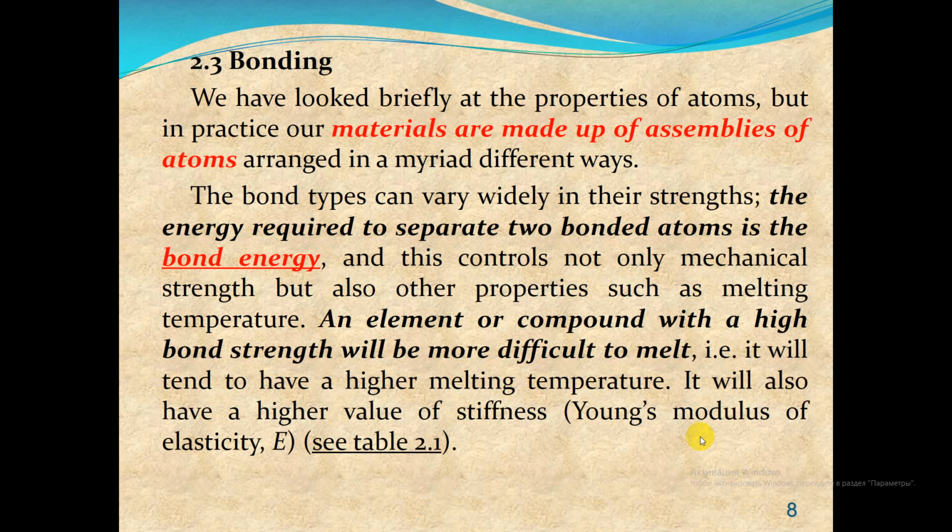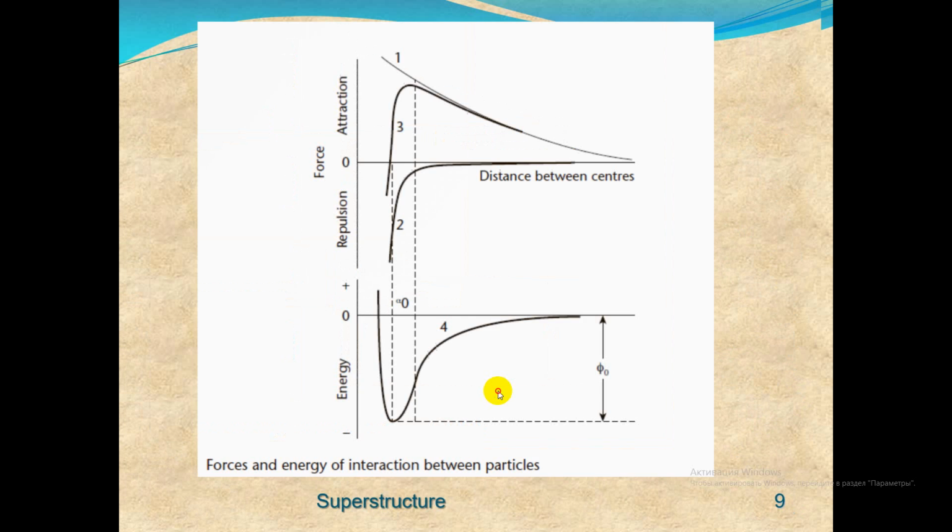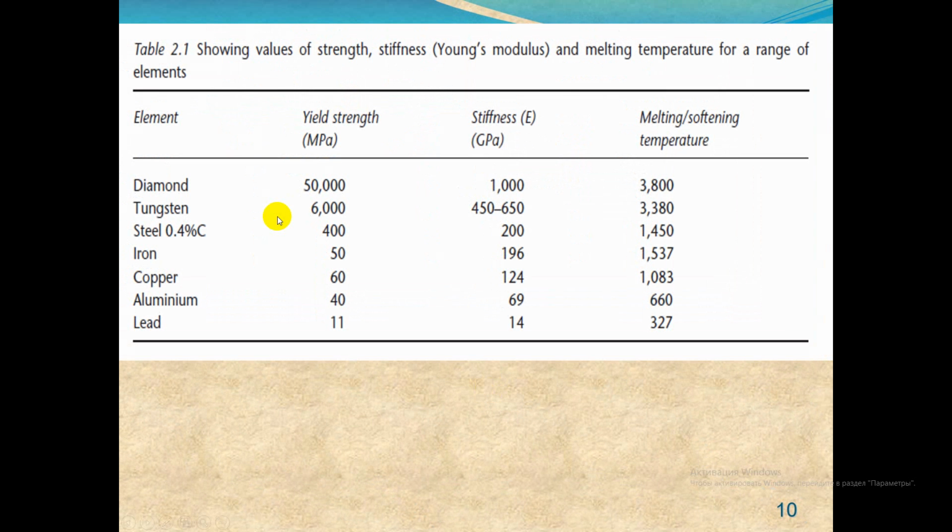So we would expect to see materials having high strengths also being difficult to melt, having high melting temperatures, and having high stiffness values. In fact, there isn't such a link between these properties, and this is illustrated in this table.